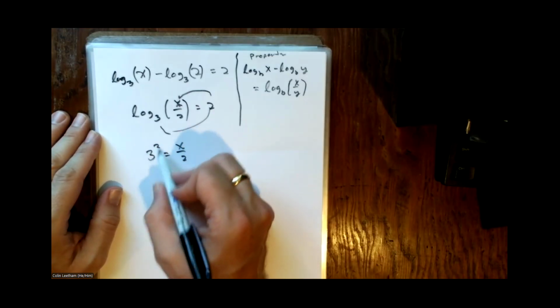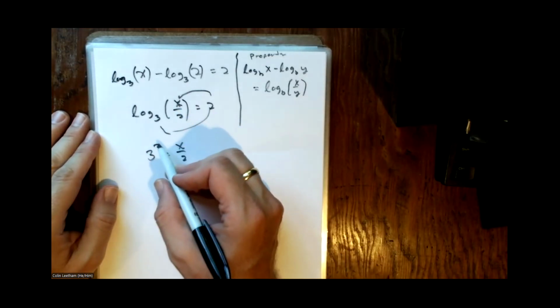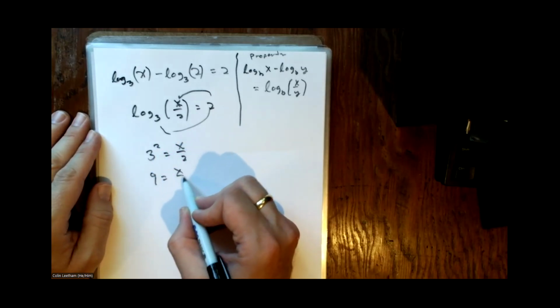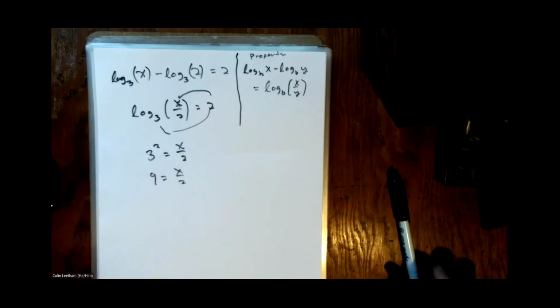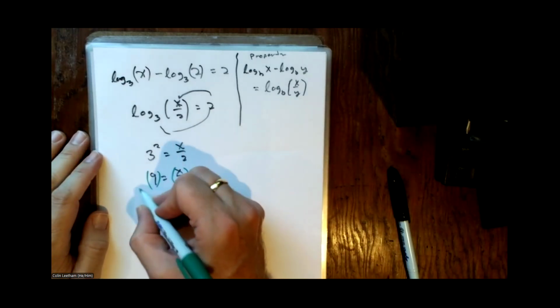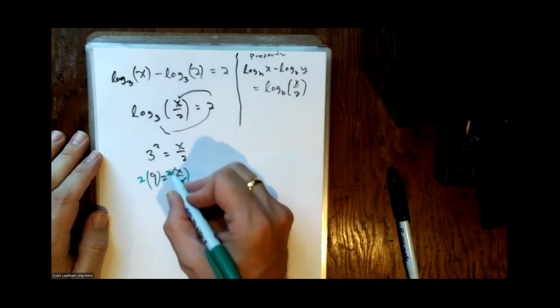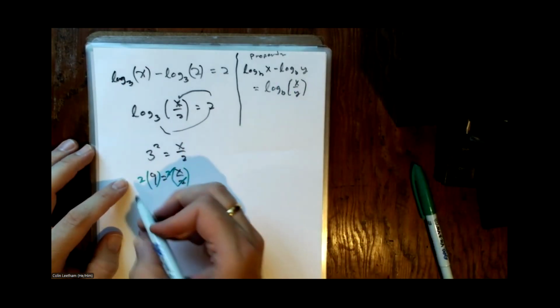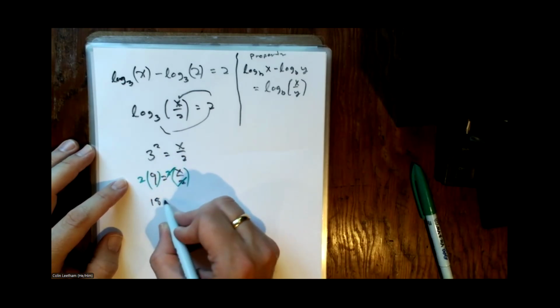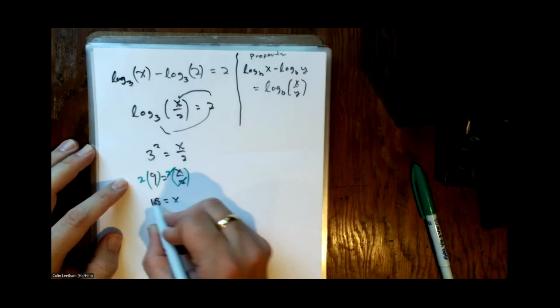Well, I actually need to evaluate 3 to the second. That's going to be 3 times 3, which is going to be 9. So 9 is equal to x over 2. And then from here, I just multiply both sides by that denominator. So when I multiply both sides by 2, I've got 2 times 9, which is 18, is equal to my x.